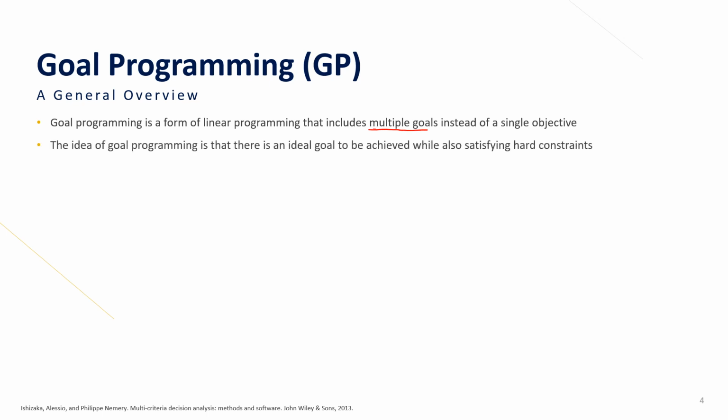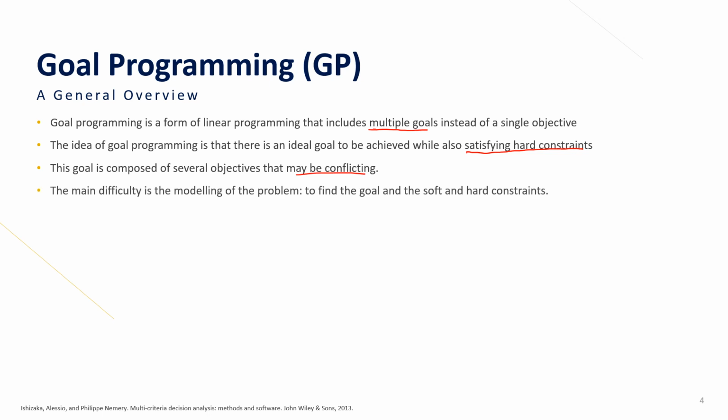The idea of goal programming is that we have ideal goals to be achieved while also satisfying several hard constraints. These goals are composed of several objectives that may be conflicting. The main difficulty of modeling the problems is to find the goals and the soft and hard constraints for these approaches.